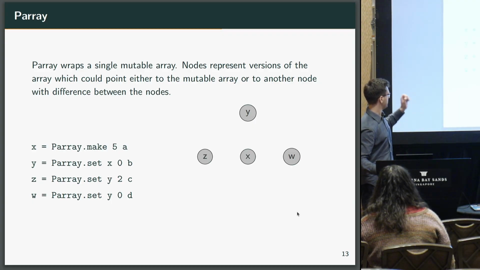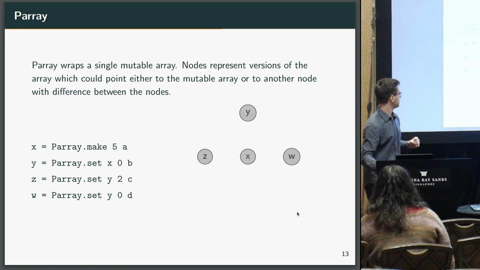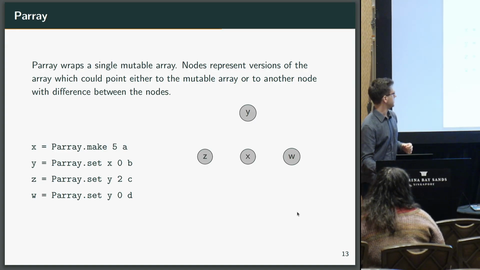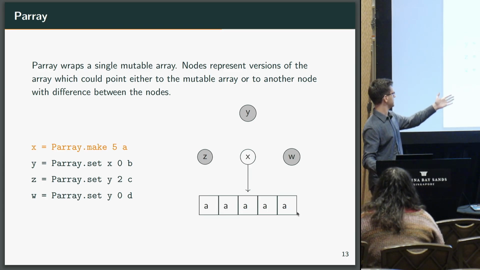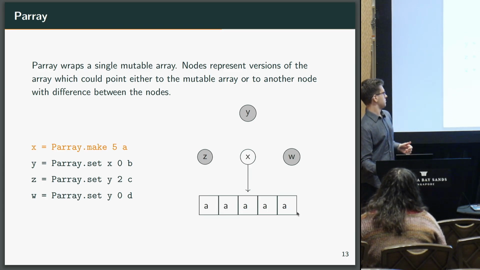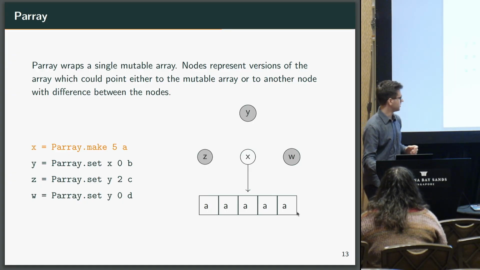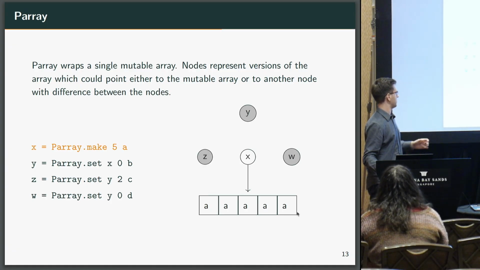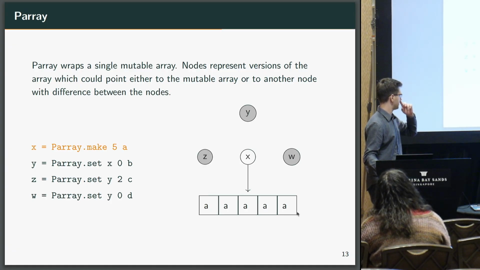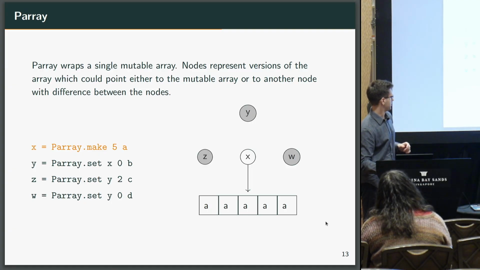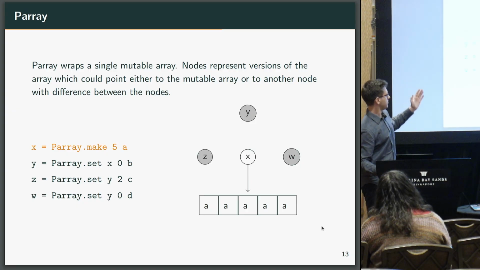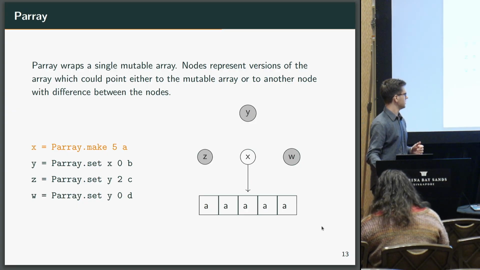On the left we have some pseudocode for manipulating p-arrays. We initialize a node x, which points initially to an array of size 5 of characters A, and then we can define y to be a modification on x.